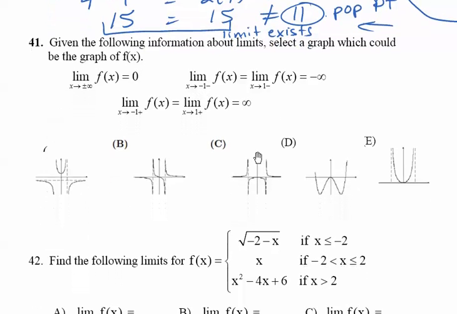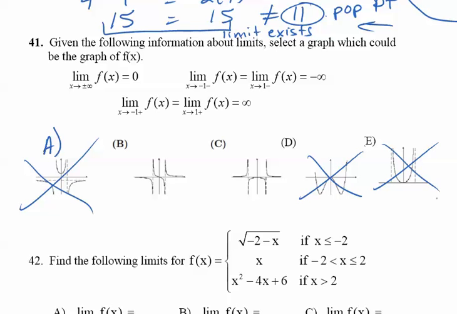All right, let's see if we can match to our graph here. Looks like I kind of cut off the letter A. So we want the end behaviors, the limit on both the plus and minus infinity, to be 0. So I guess that needs a horizontal asymptote at 0. So I think we can already rule out A, D, and E. We want the left-hand limit as we approach -1 and the left-hand limit as we approach +1 to both go to negative infinity.